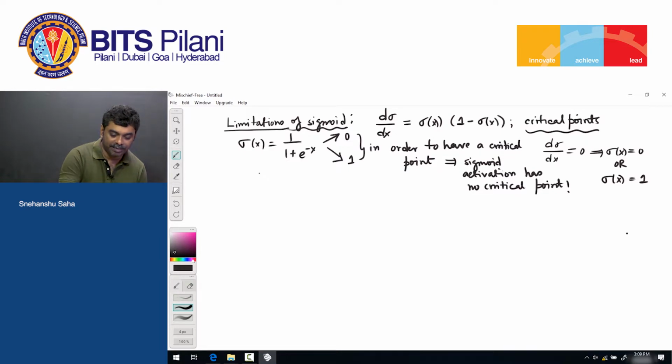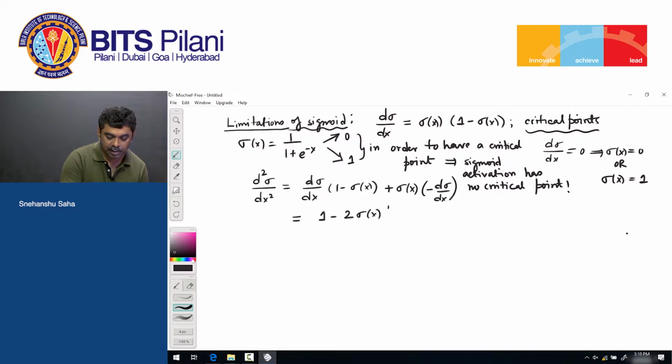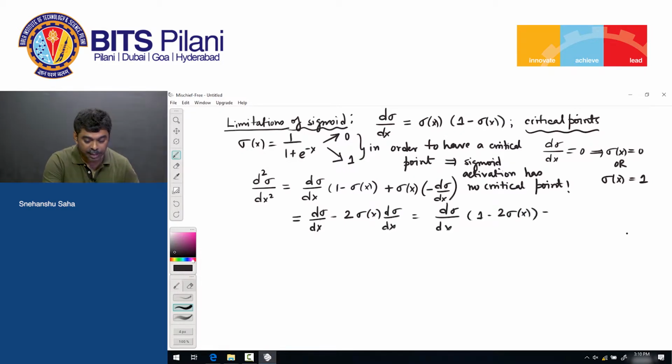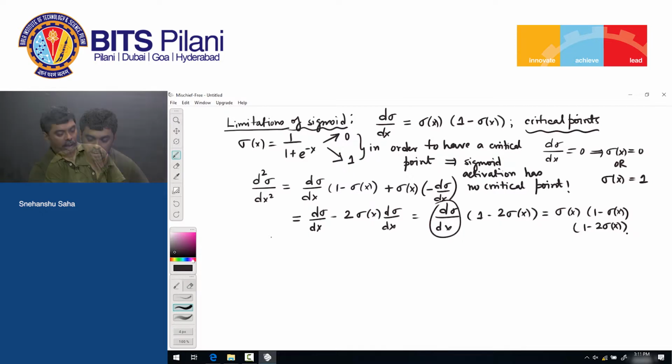Let's look at the double derivative and see whether it has an inflection point or not. Naturally I know what this is: sigma times 1 minus sigma. Since the function does not have a critical point, there is no point in investigating whether the second derivative is positive or negative at the critical point.